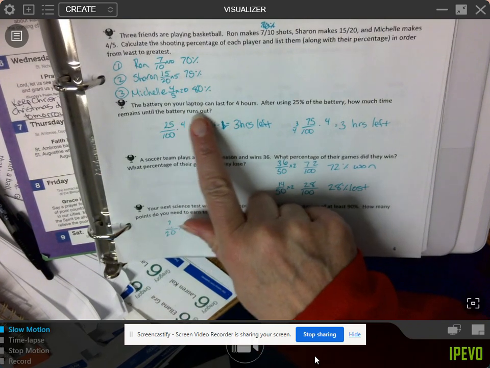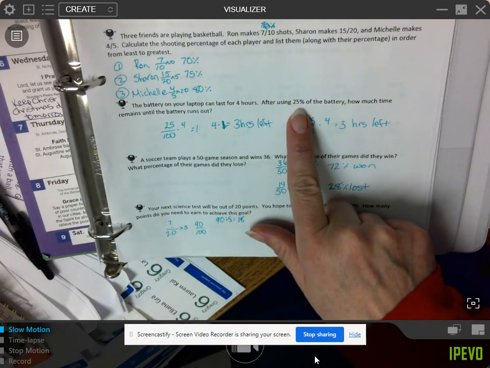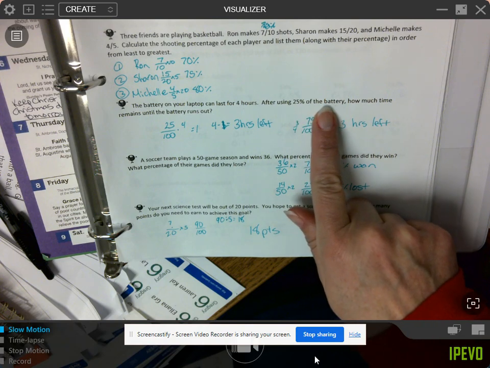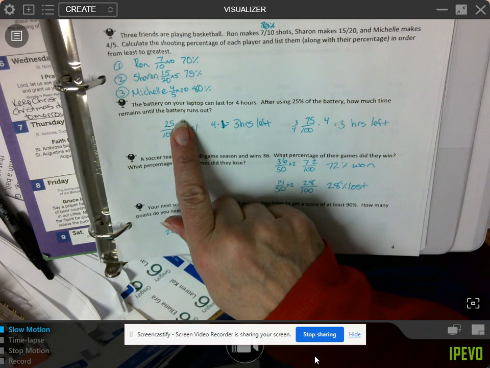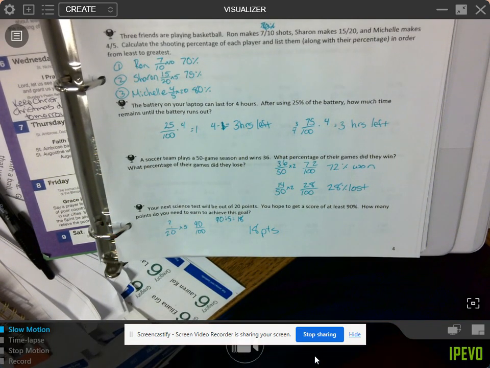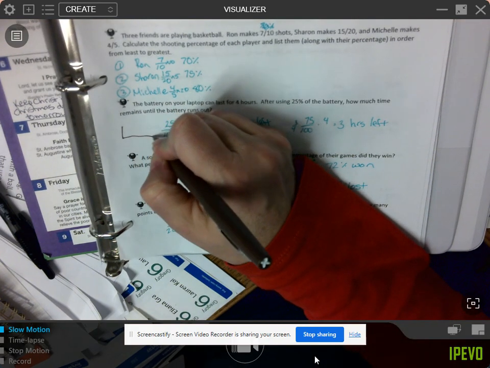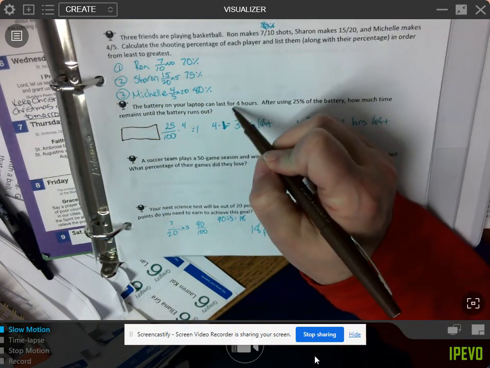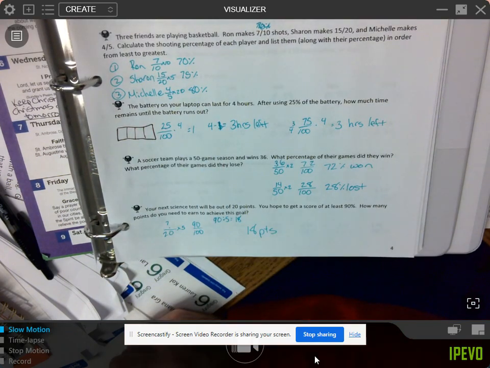The battery on your laptop can last for 4 hours. After using 25% of the battery, how much time remains until the battery runs out? Some of us were having a difficult time with this yesterday, and I showed us how to solve it using a picture. If we have a battery that goes for 4 hours, we can break that battery into 4 parts.